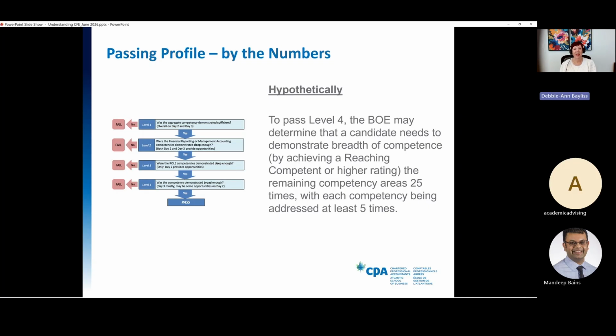So an important learning here is that in order to pass level 4, you can't avoid any of the technical competencies. Unfortunately, I have seen candidates who passed level 1, 2, and 3. They met the expectation for every technical competency in level 4 except for tax. You cannot avoid any of the technical competencies.